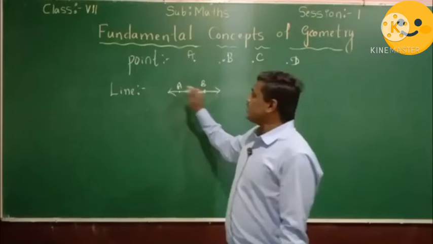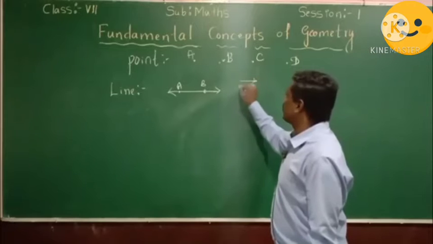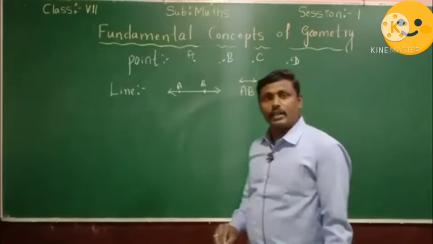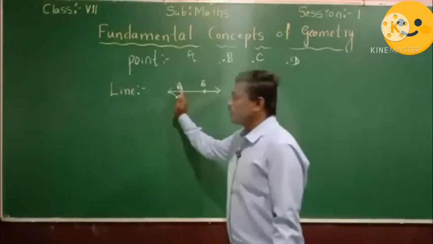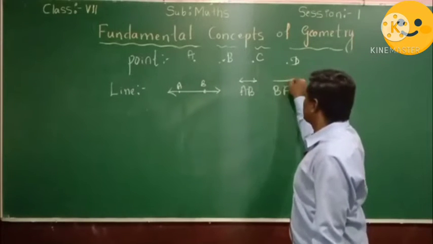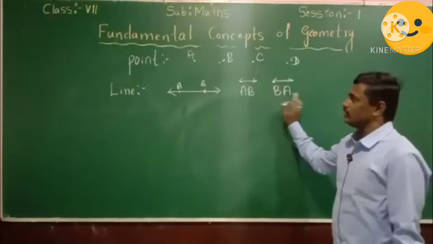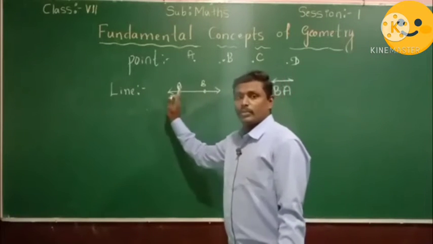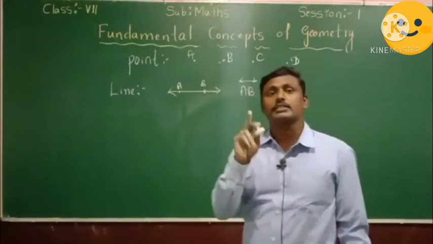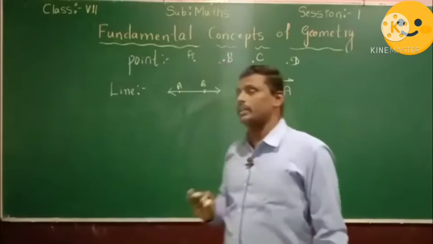This line can be represented by capital letters with an arrow symbol: AB is a line, or conversely BA is a line. So the definition of a line: a collection of points which can extend on both sides infinitely.